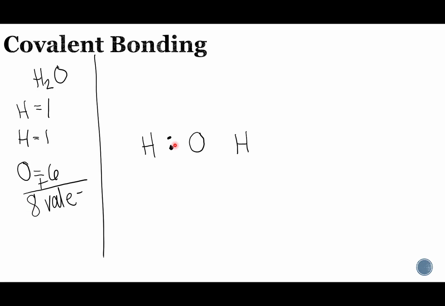In this case, these two electrons are being shared between hydrogen and oxygen. Oxygen is touching these two electrons and hydrogen is touching these two electrons, so they're being shared between those two atoms. Then I'm going to do the same thing on the other side. I'm going to draw two electrons between that hydrogen and oxygen. Again, they're sharing those electrons.